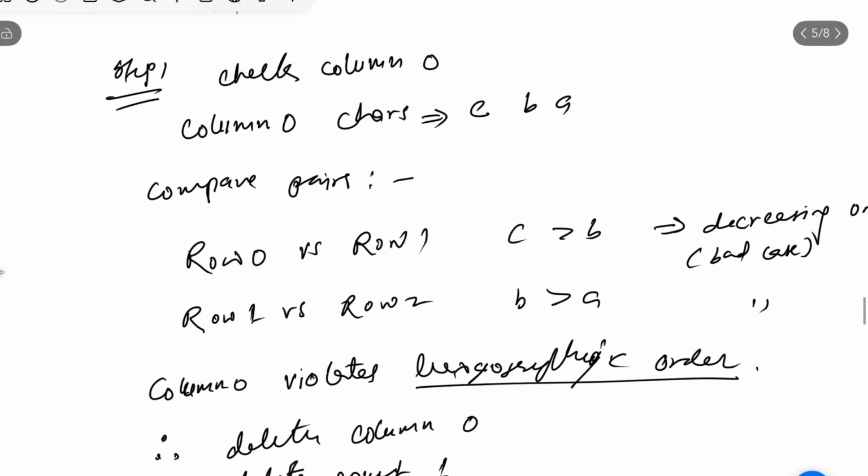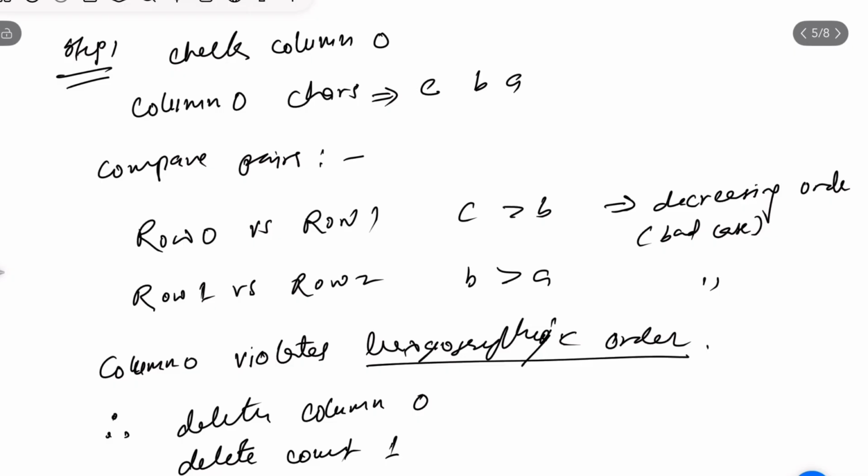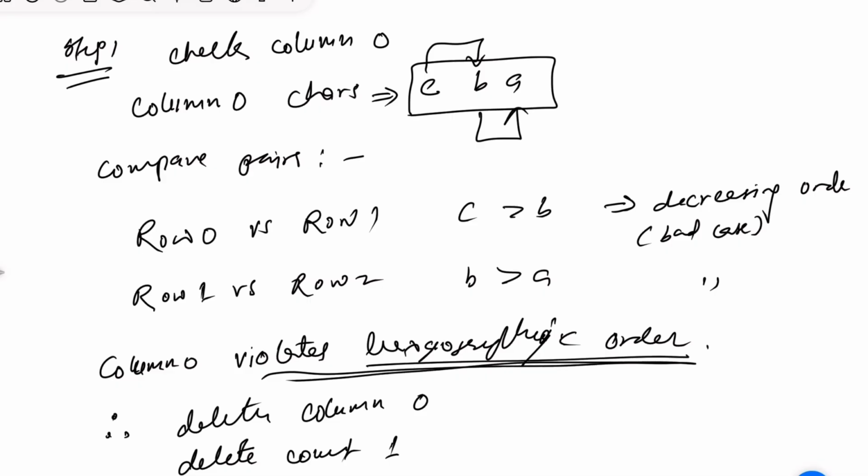We compare the column 0 characters C, B, A. Very first we check C and B, and then B and A. In both cases the order is bad, lexicographic order is not happening. So we'll say this column 0 is bad.